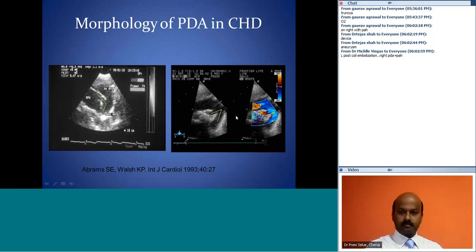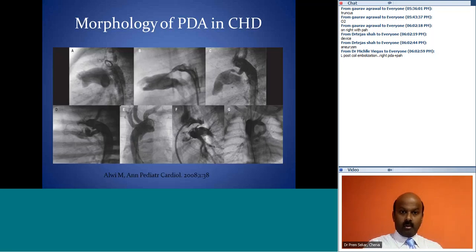Moving on to angiography. These are some of the angiographic morphologies that you see, and it's important to recognize them to be able to successfully manage them percutaneously.